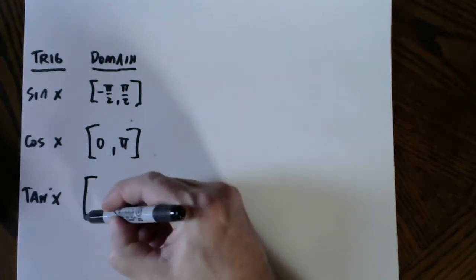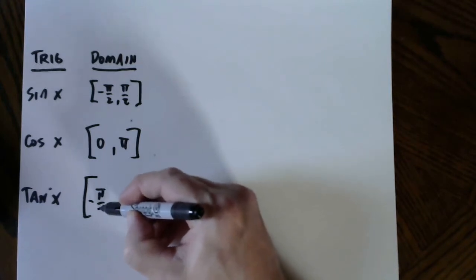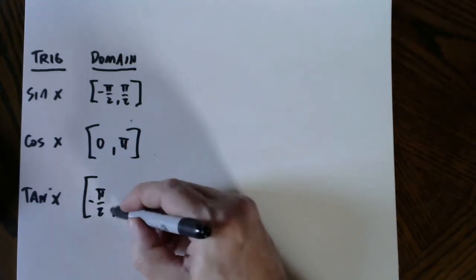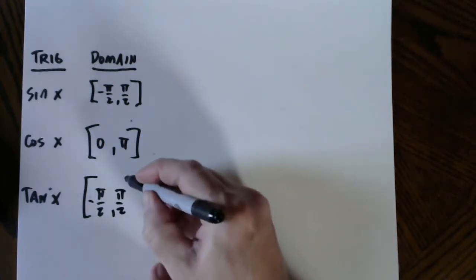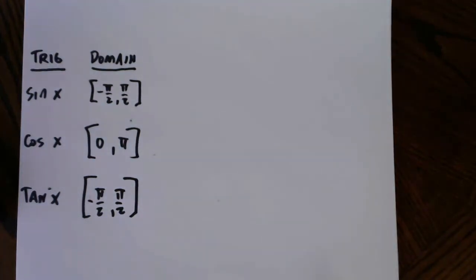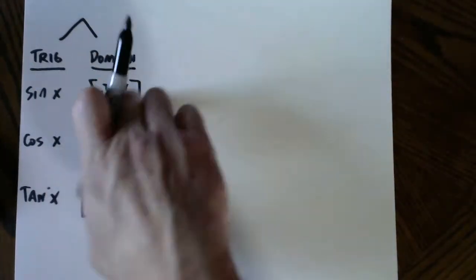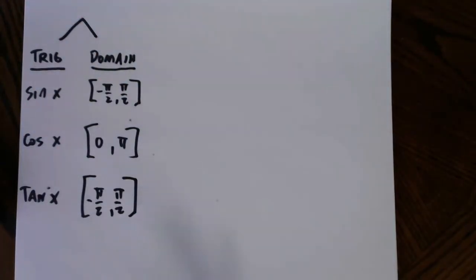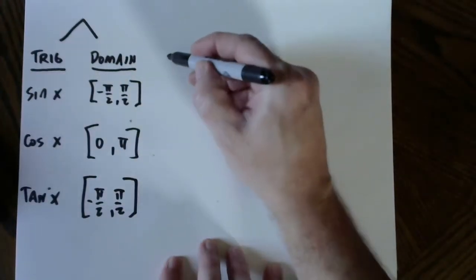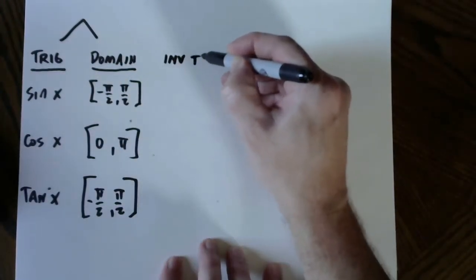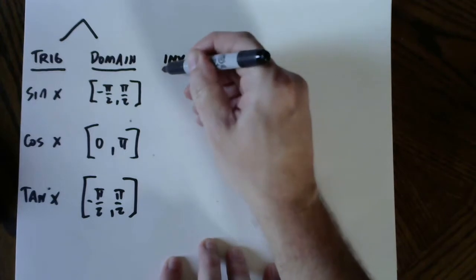When you define a function, the domain is typically implied, but you can dictate what your domain is. So I'm saying that these functions, sine, cosine, tangent, on this domain only. That's what we're defining here. And for each of the three, I'm going to list its inverse.